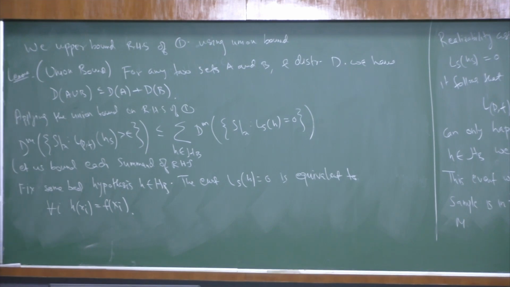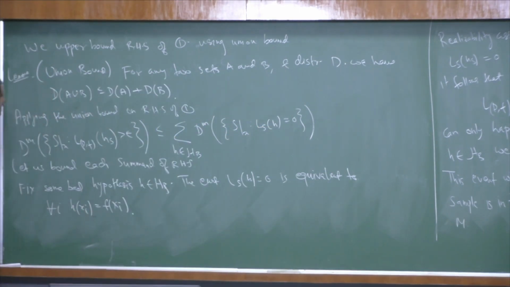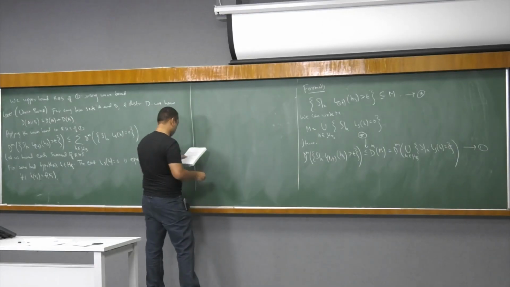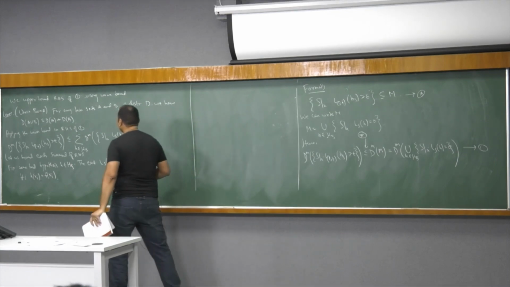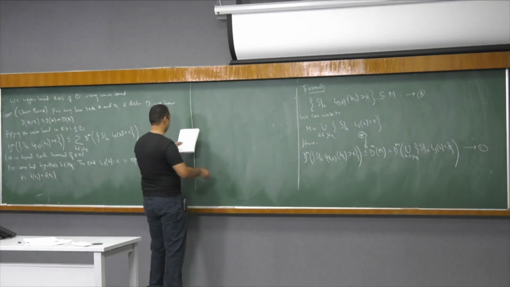So we transform L_S(h) equals 0 by replacing it with h(x_i) = f(x_i). Another thing we note is that the examples in the training set are all IID, so the joint will be a product of the marginals.